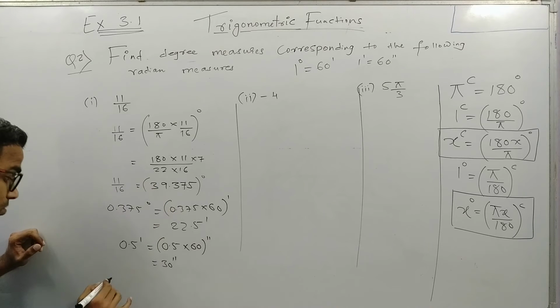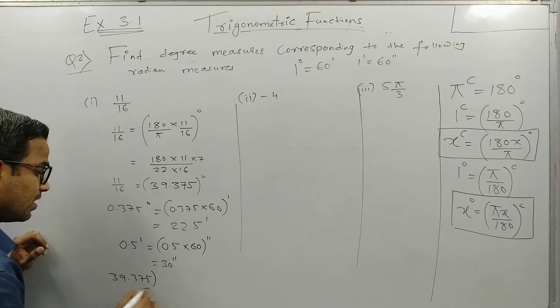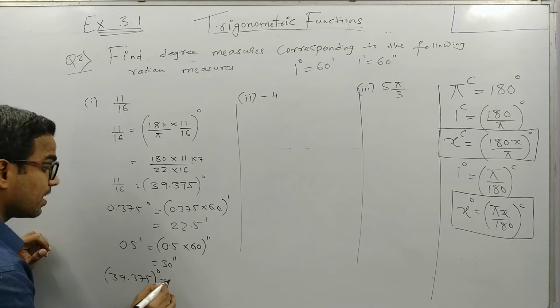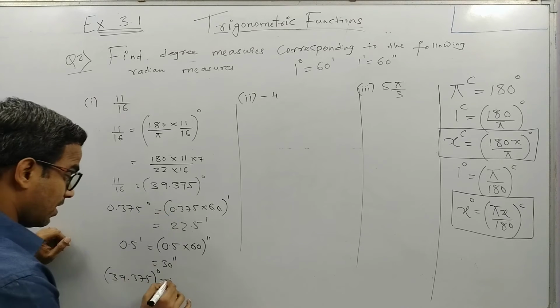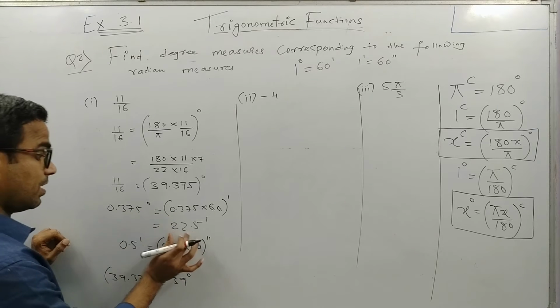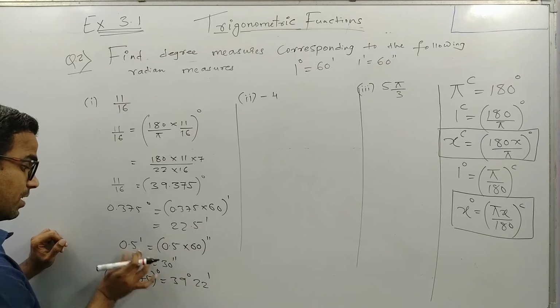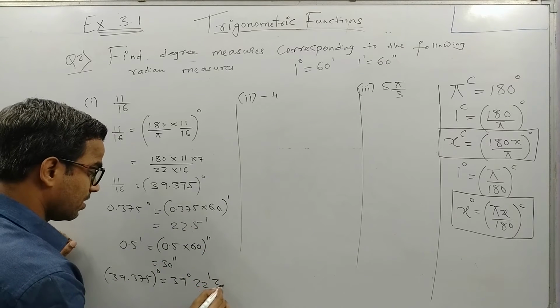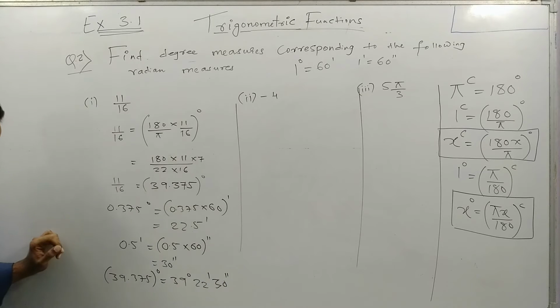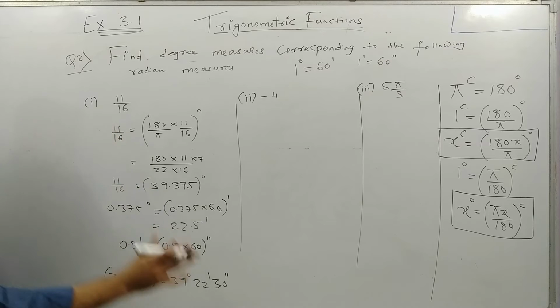So what we get is, 39.375 degree, I can write it as how much? So it will be 39 degree, and 0.375 degree can be written as 22 minutes, and 0.5 minutes can be written as 30 seconds. So this is how we convert from radian to degree.